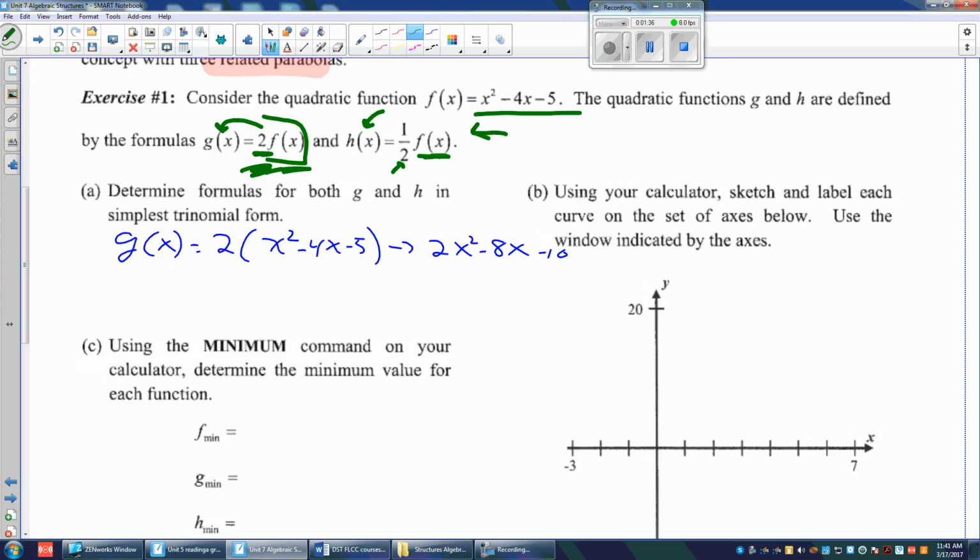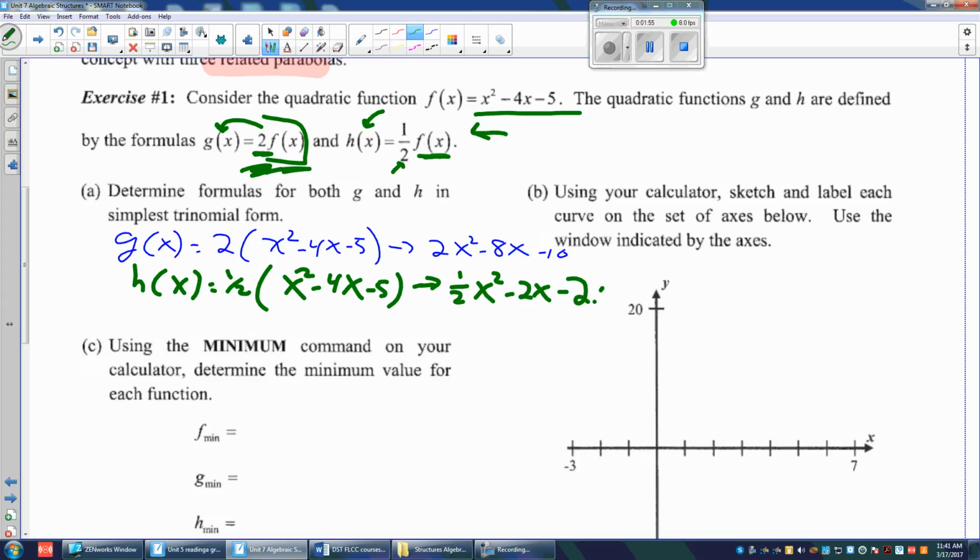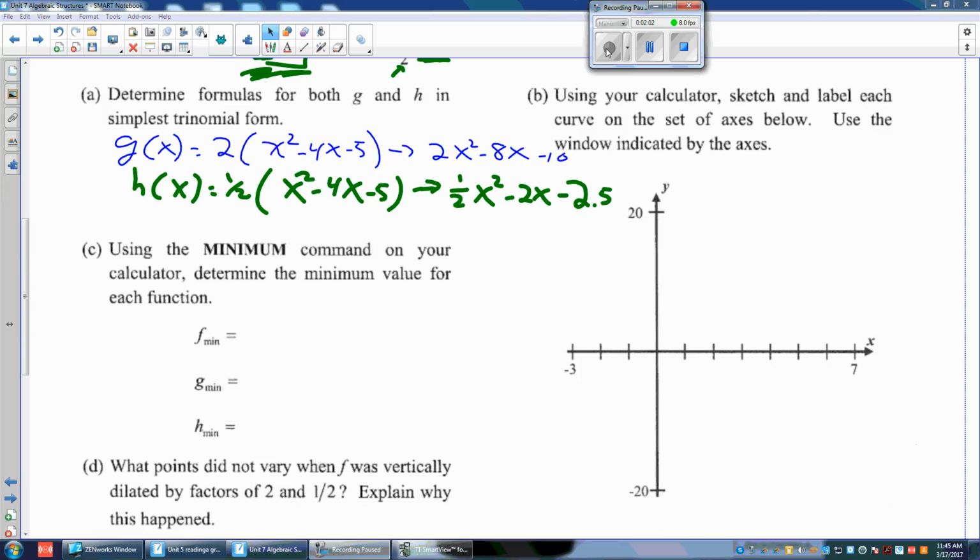And then h of x is going to be 1/2 of x squared minus 4x minus 5, which is the same thing as 1/2 x squared minus 2x minus 2.5. Okay, so those are the 3 equations, the original one and the 2 that are modified.